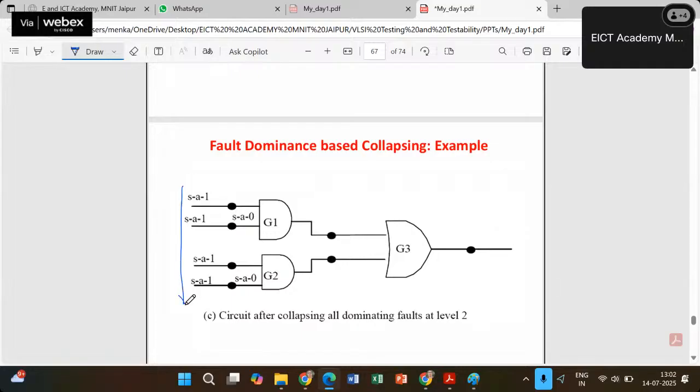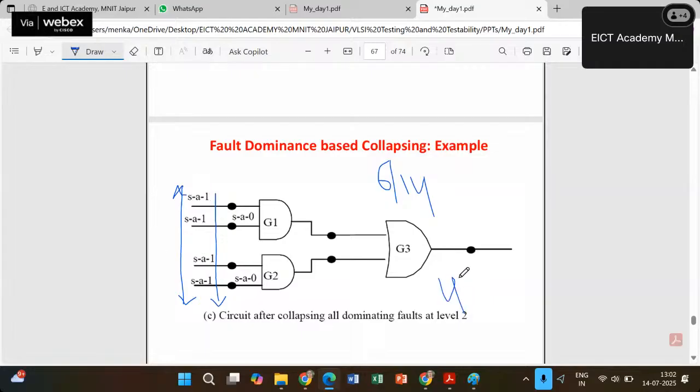So here we can figure out how many faults are remaining now. These are 4 stuck-at-1 at the inputs and 2 stuck-at-0. Total 6 faults out of 14 faults are available. If we check the inputs, there are 4 inputs.